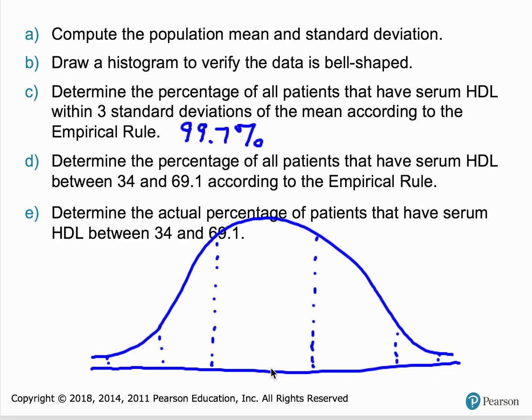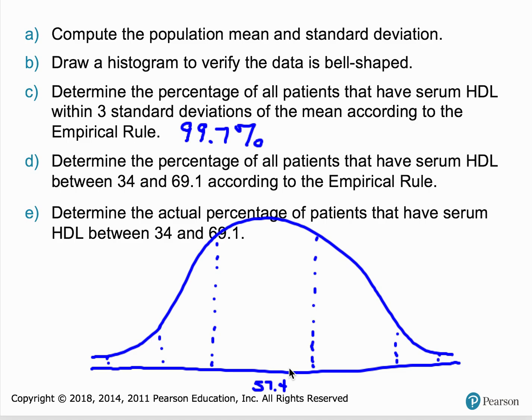And let's see, yeah, it's still on my calculator. So the mean was 57.4. Let me write that down because it will disappear once I do something. So 57.4, and then the standard deviation is 11.7.